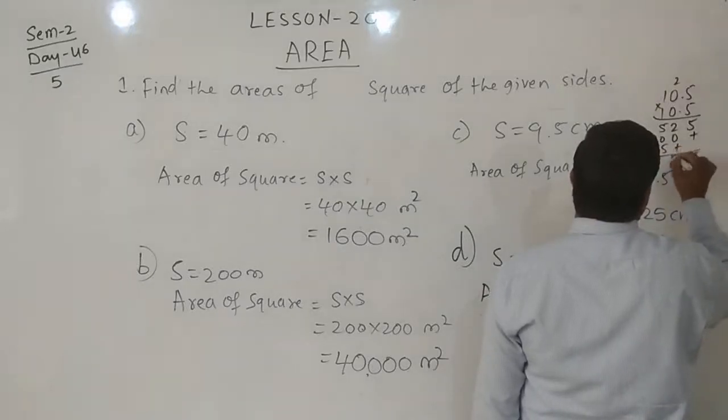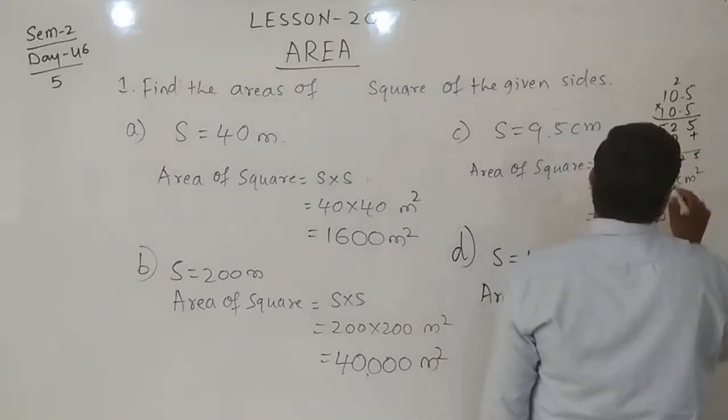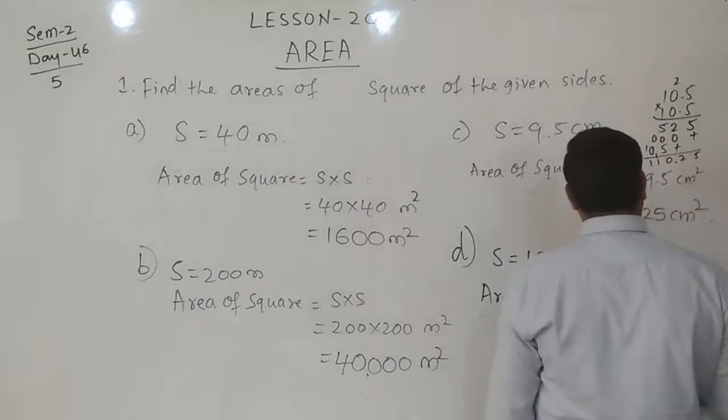Add 5 and 5, it is 10, so 1 1, then 110.25.